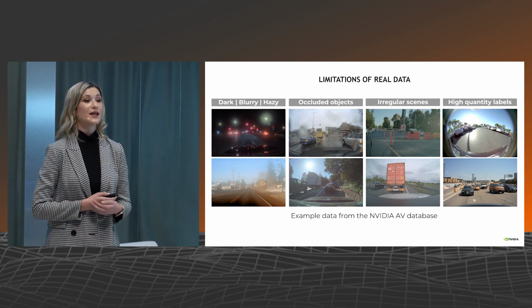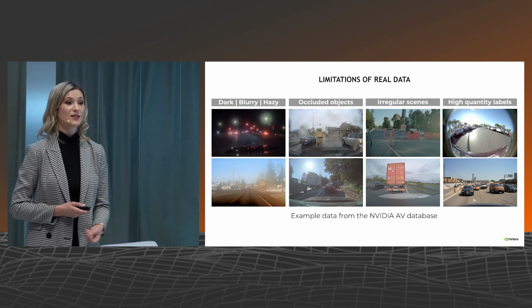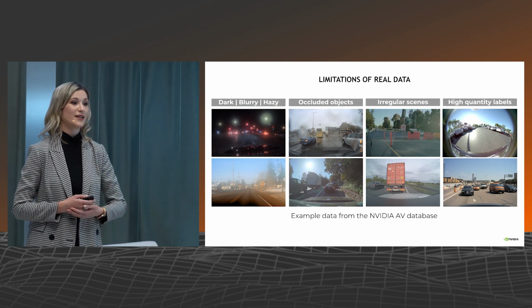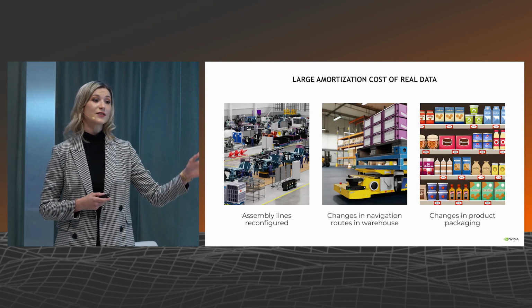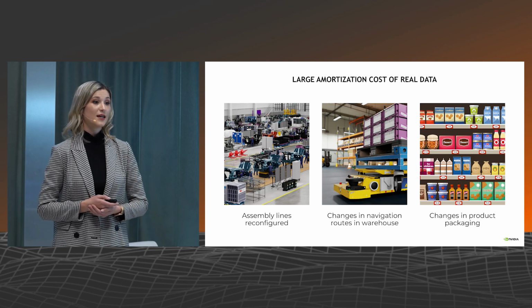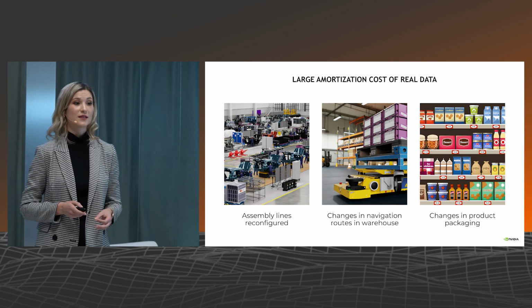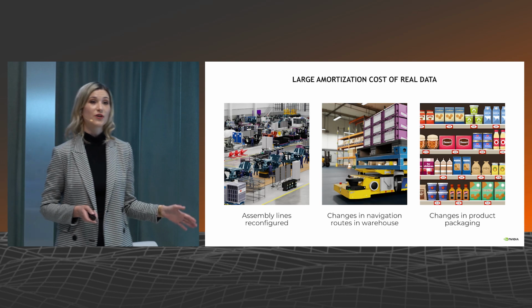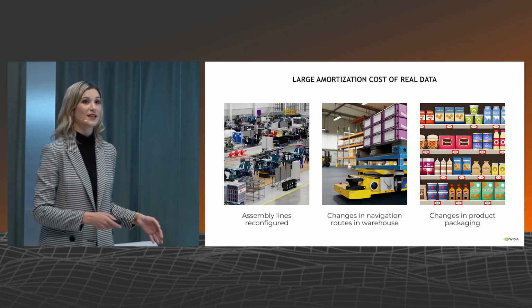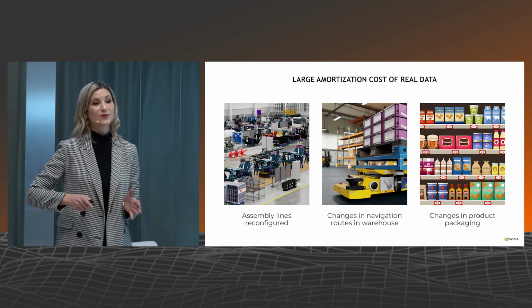Furthermore, real data has large amortization costs, meaning that environments change quite often. In terms of factory, assembly lines get frequently reconfigured. In warehouses, the navigation routes for robots often change. We can put pallets or boxes there, and robots need to be able to cope with that.